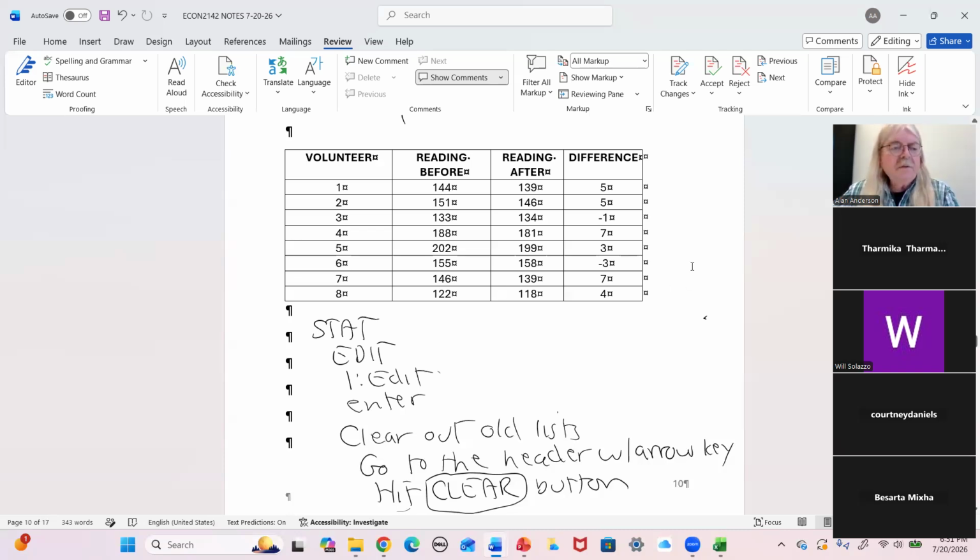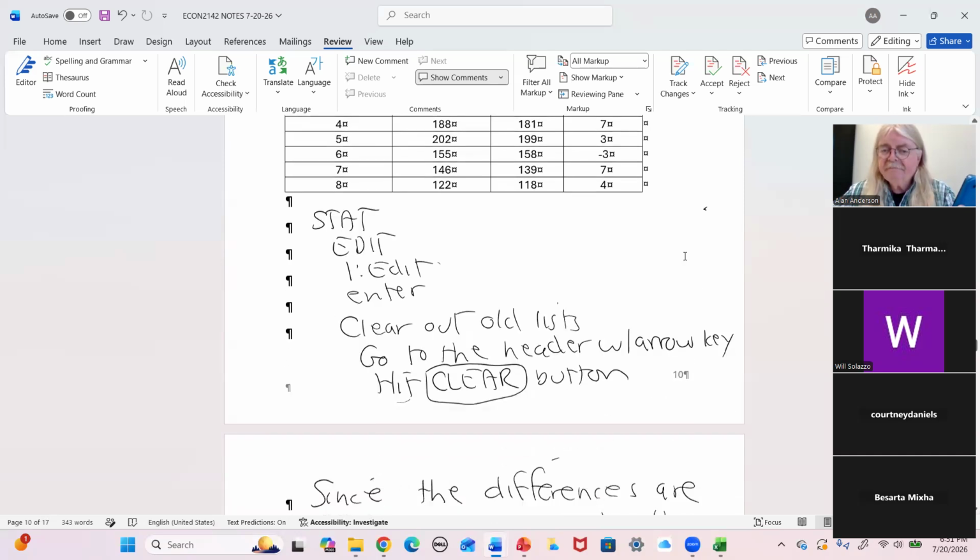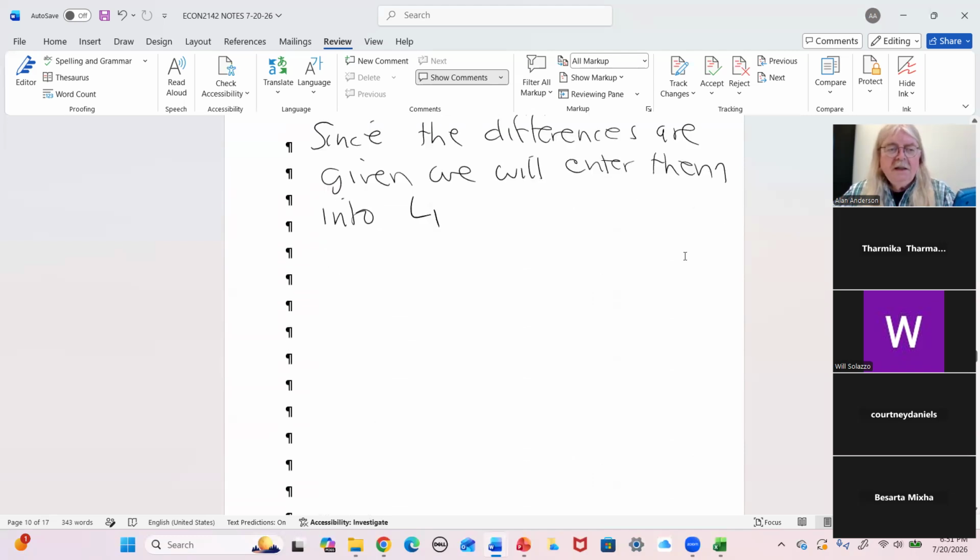you can go back to stats. And this time we'll choose a different menu, which is calc for calculate. Stat. But this time go to the middle menu, Calc.